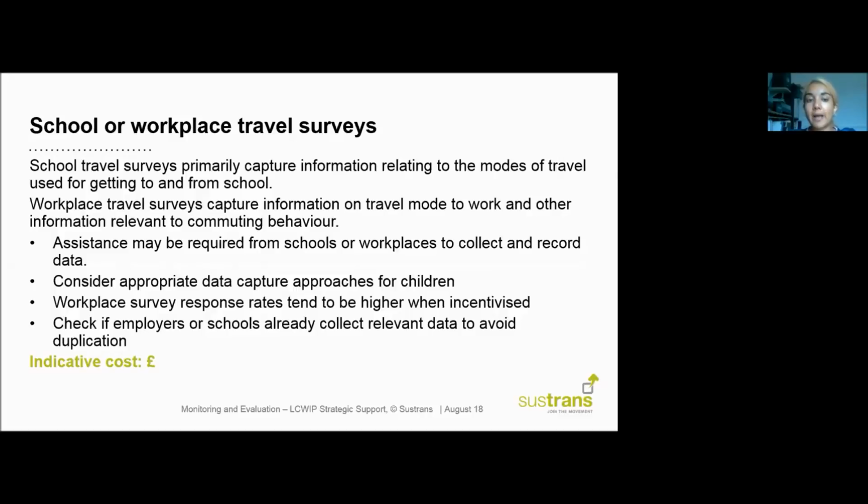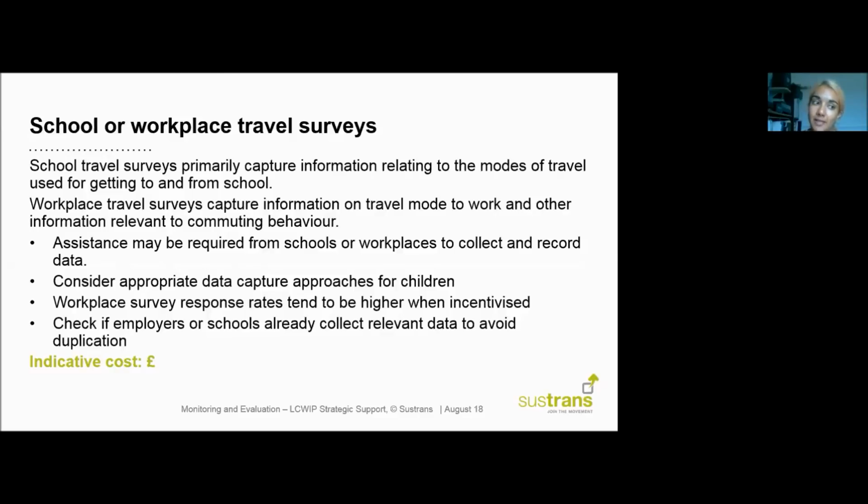Things to bear in mind: they often require some assistance or collaboration with staff members from the institution, so from the school or workplaces. It's worth thinking through mechanisms for the data collection, both for children, what are appropriate questions and mechanisms that will allow you to get valuable data.